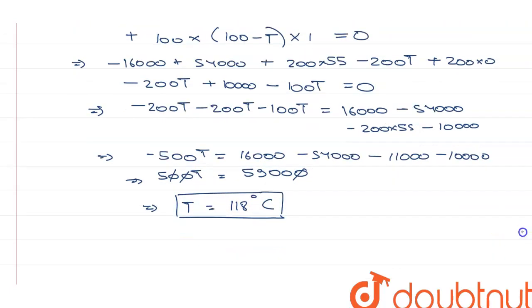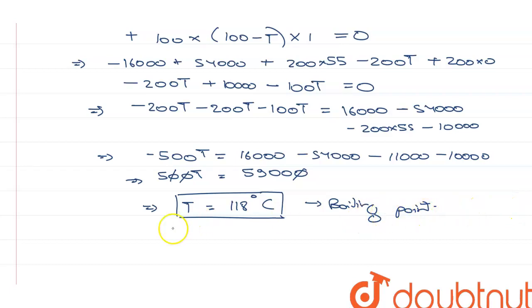Now, 118 degrees Celsius means that the temperature obtained is higher than the boiling point, which means that our assumption that all three things will convert into liquid at some temperature capital T is wrong.